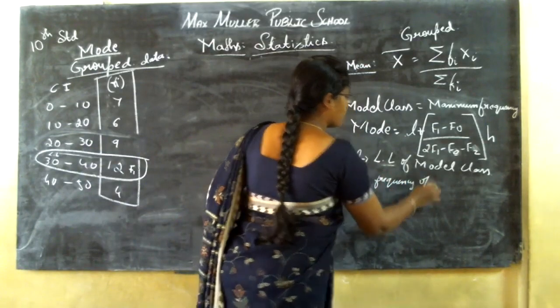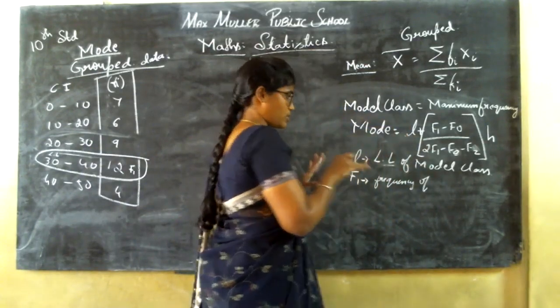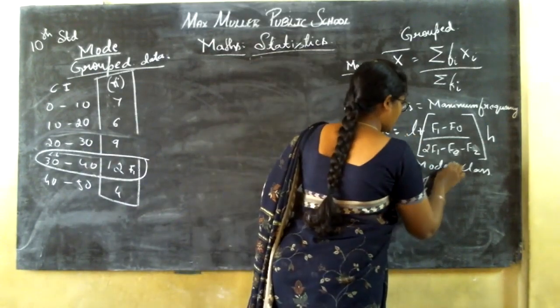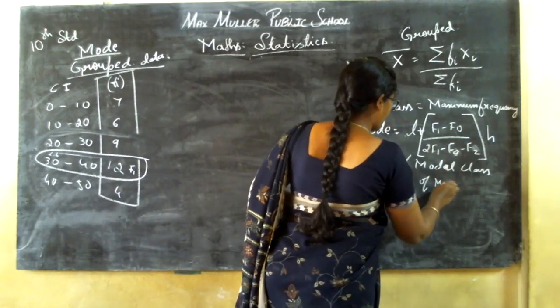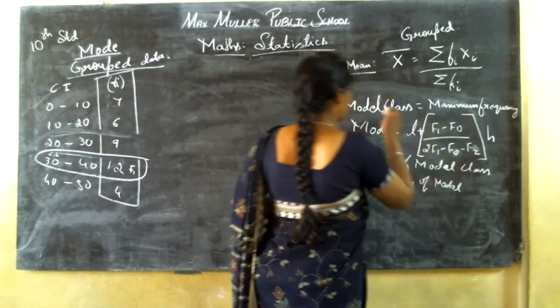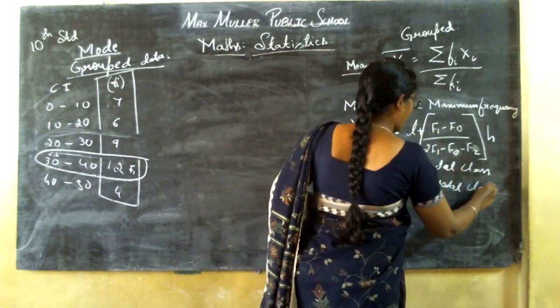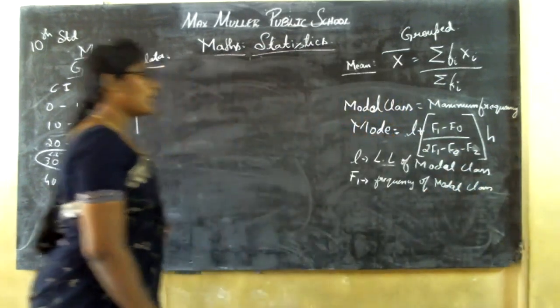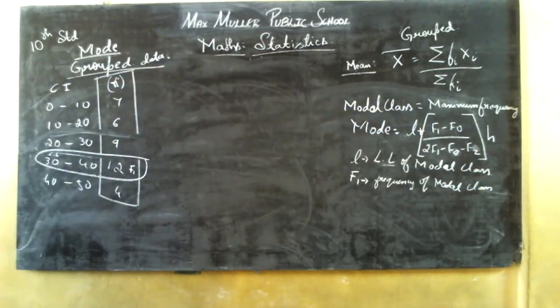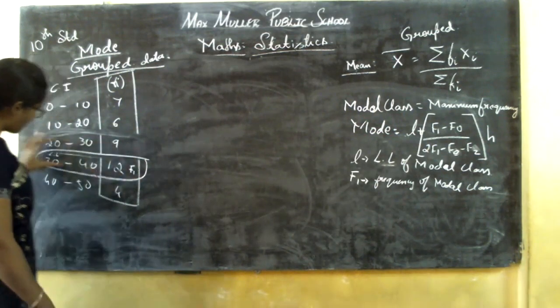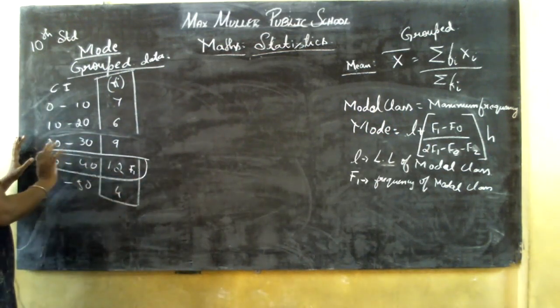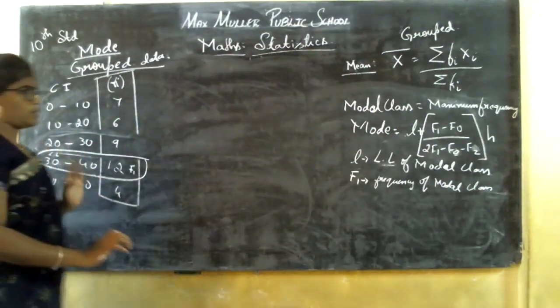Which model class have you taken? That one. Correct? So, the frequency of the model class. Whatever the model class you have chosen, that frequency is the model class frequency.